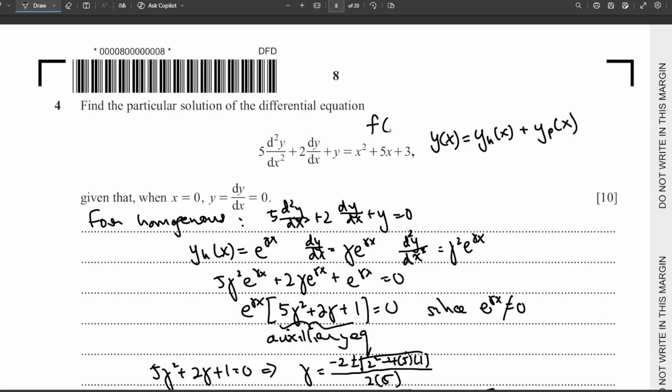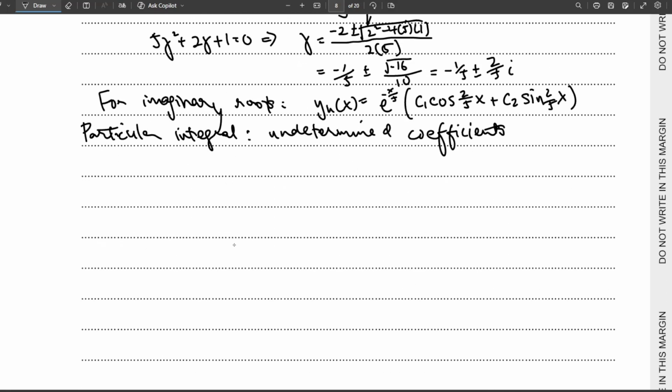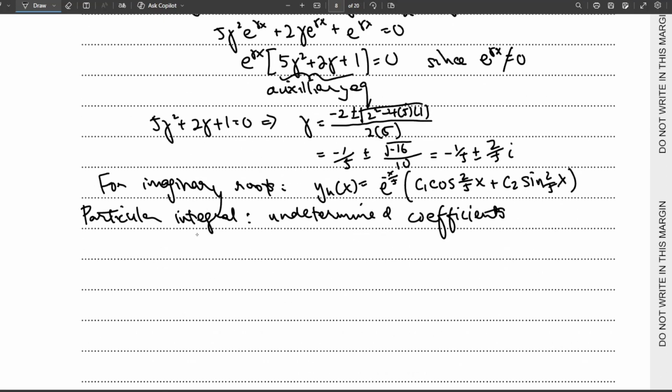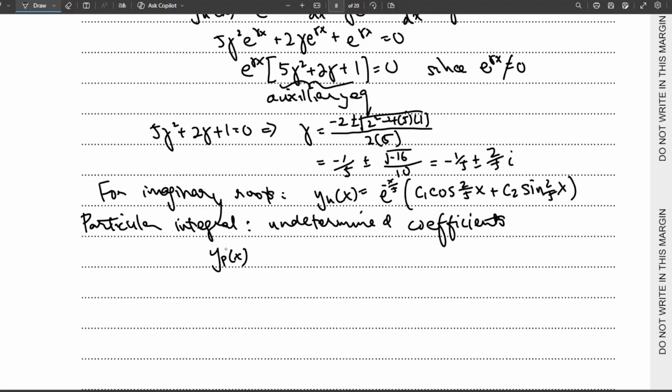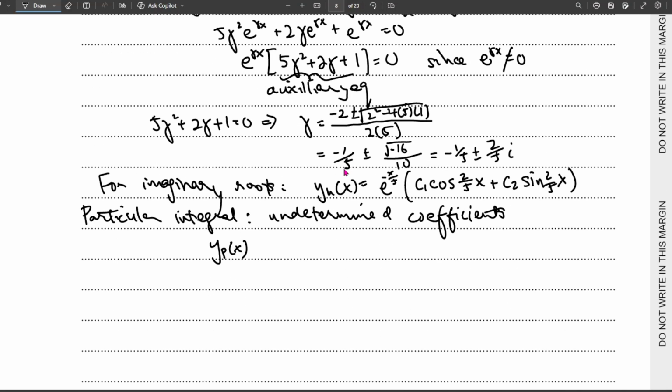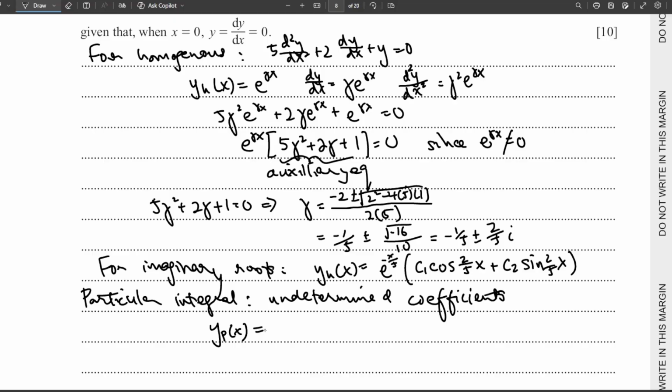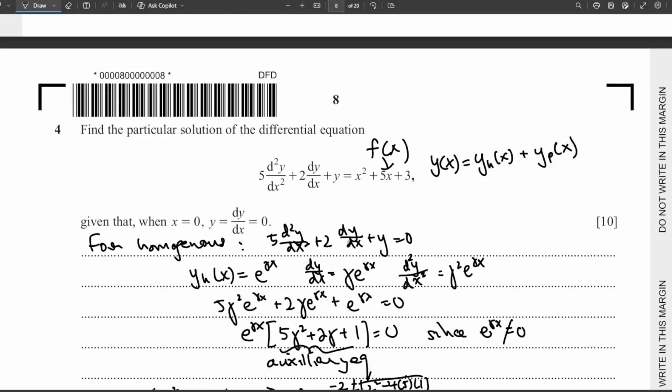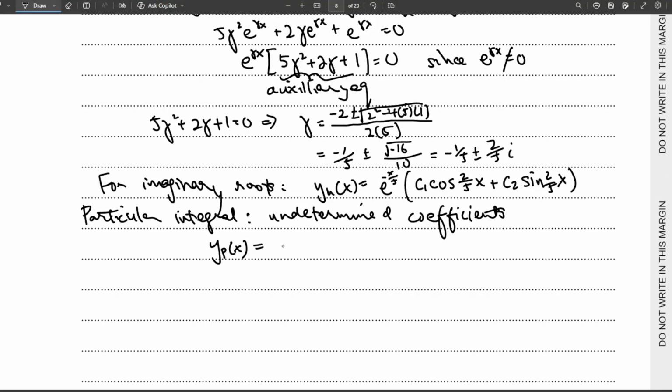Whatever the function is here, we will have to assume a different form of the solution yp of x. In this case, the function here is a polynomial. We will assume yp of x to be a polynomial of the same order but with unknown coefficients.